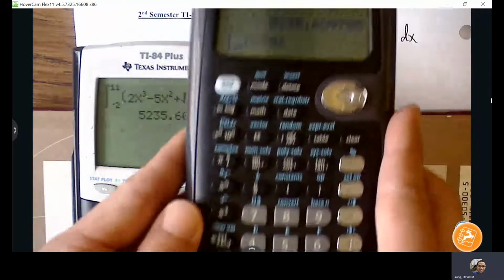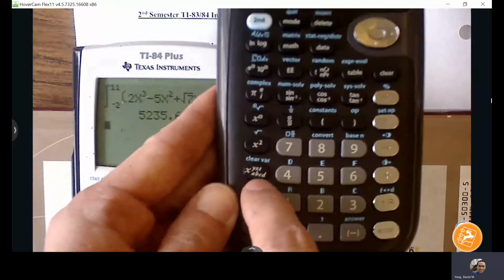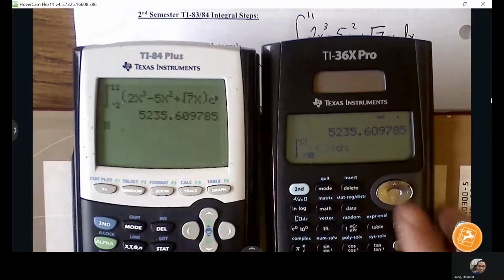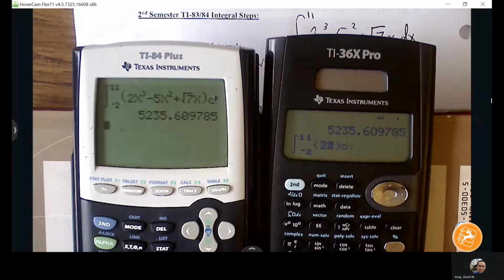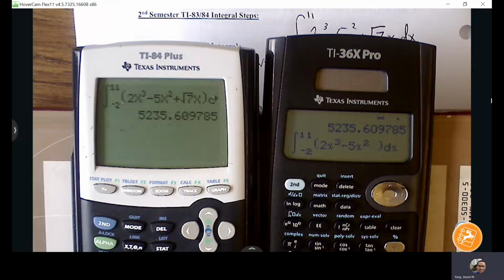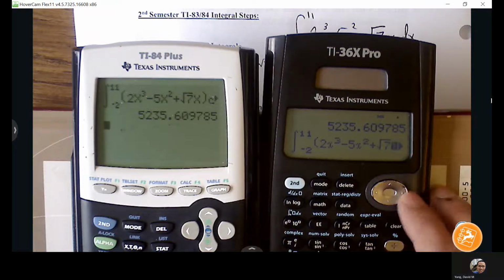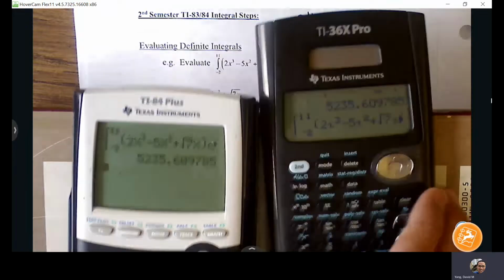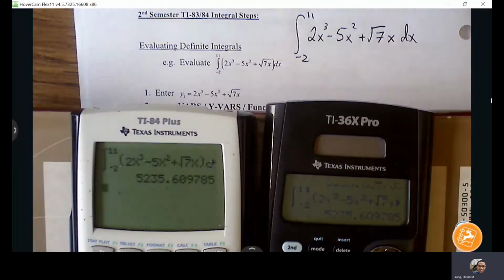On the 36 Pro, the x is located next to the 4. Again, make sure that the x is outside the square root. If x is inside the square root, it's going to cause an issue because there's a negative here. I made that mistake on the handout and I didn't change it.